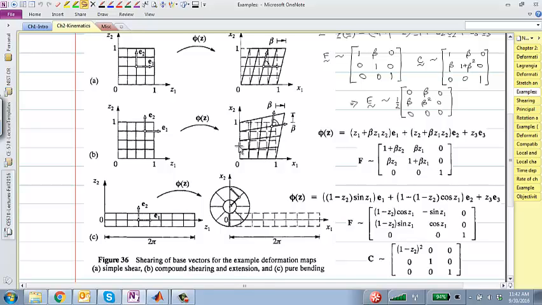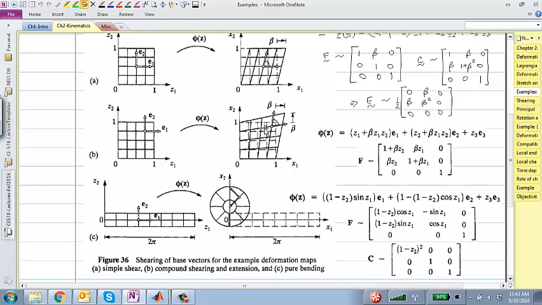As we go more in the Z1 direction, we get more and more displacement to the right. As we go up in the Z2 direction, we get more and more displacement to the right. That's what this term, beta Z1, Z2, does in the E1 direction. The same term we have in the E2 direction as well. So as we go more and more in the Z1 direction, we get more and more vertical displacement.